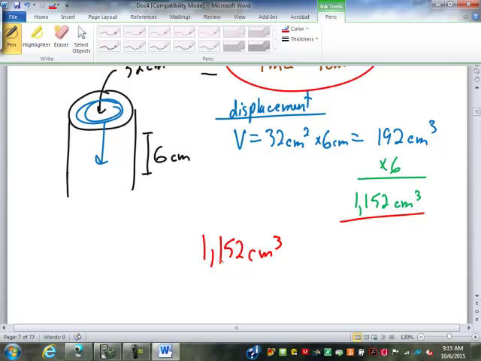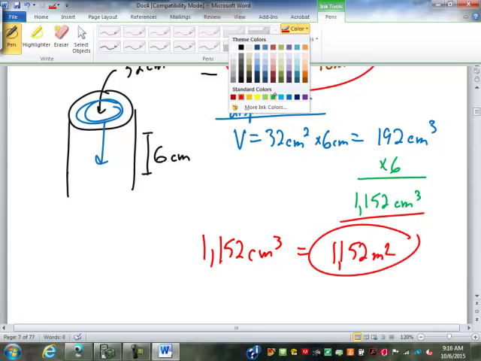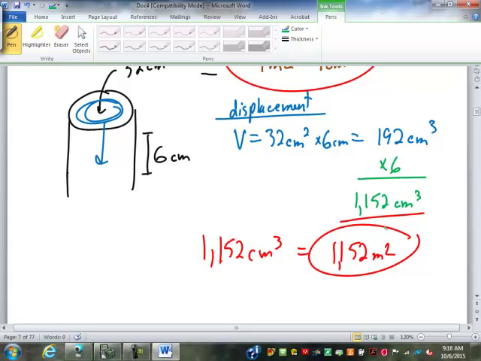That's 1152 centimeters cubed is 1152 milliliters. Converted to liters, well, liters is 3 spots to the left on the chart. That's a 1.1, we'll call it a 1.15 liter engine. So that one's pretty tiny. The 6 centimeter stroke length is reasonable, but it should have been more like a 60 centimeter squared area. Any questions?